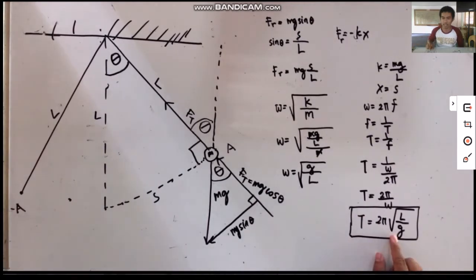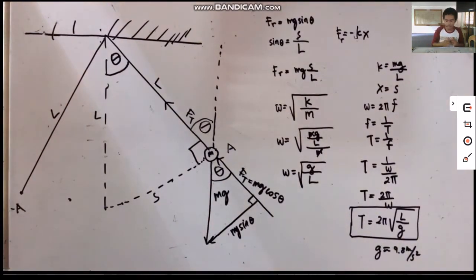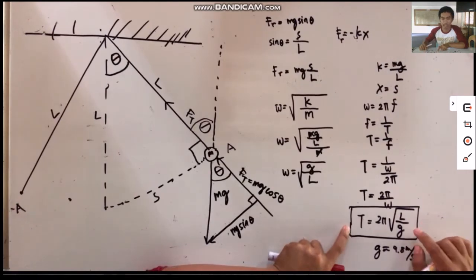Where g here is the acceleration due to gravity, which is approximately 9.8 meters per second squared, and L is the length of the string. So as you can see, in the expression T equals 2 pi square root of L over g, you cannot see the variable mass.